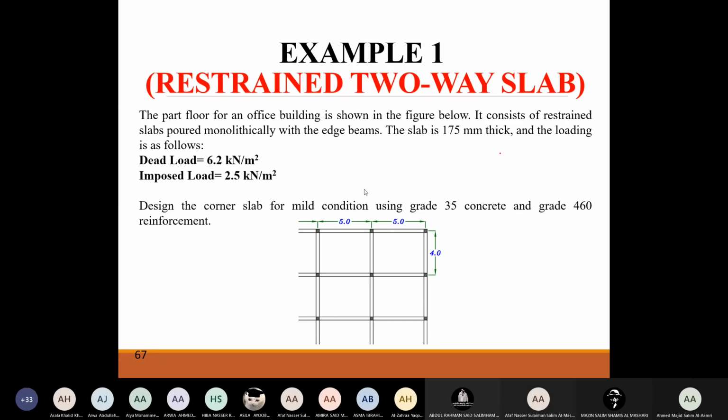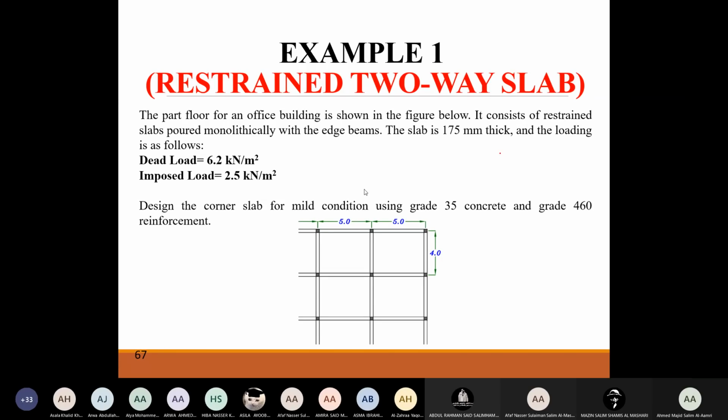Can I say that it might fail in bending? It might fail in bending. There is no load capacity in slabs. As we said, a slab is a flexural member which will be affected mainly by bending, not by loading.